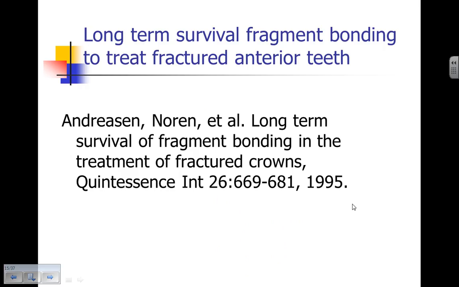What about when the patient fractures the tooth and they still have the piece of the tooth? Andreasen and his research group in Scandinavia looked at the long-term survival of tooth segments, tooth fragments that were bonded back to place, where the patient or the parent brought in the segment and the fragment was rebonded.